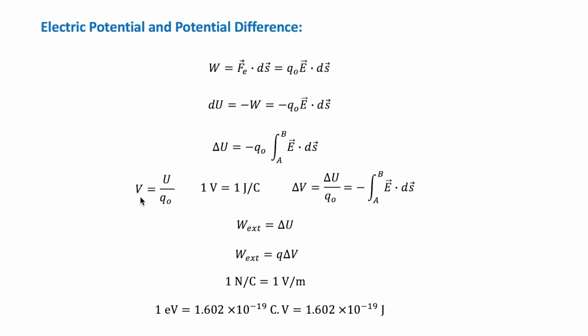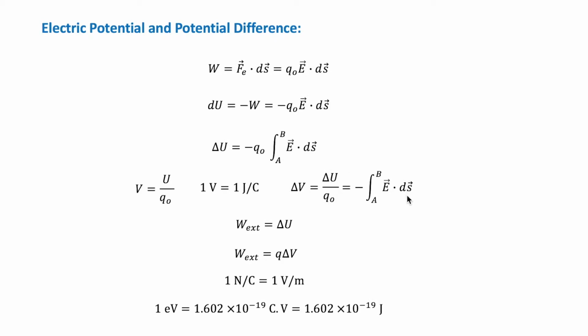And so electric potential is a measure of potential energy per unit charge, and its SI unit is volts. So 1 volt is equal to 1 joule per coulomb. And so the potential difference between 2 points, A and B, in the field is given by this equation, okay?